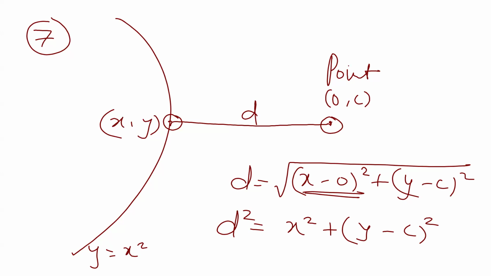Now, do we know the value of x square, guys? Somewhere in this slide only it is there. Yes. The value of x square is y. So d square is equal to y plus y minus c the whole square.